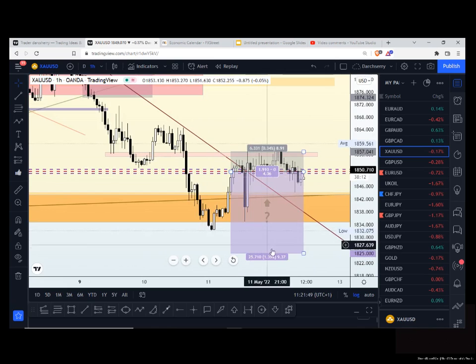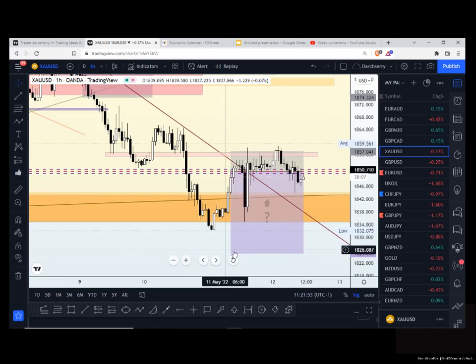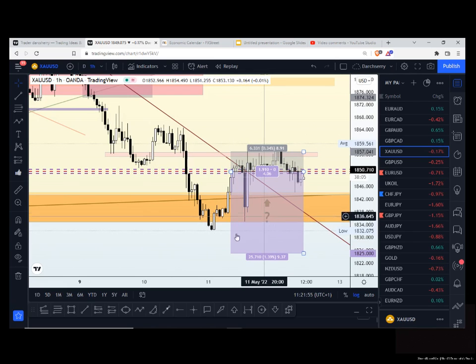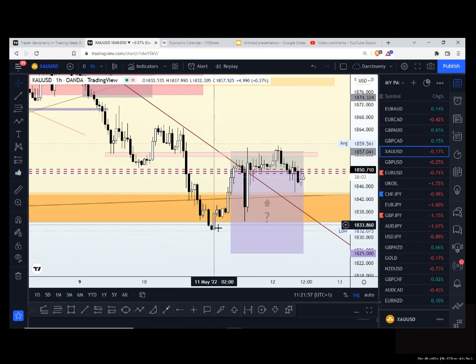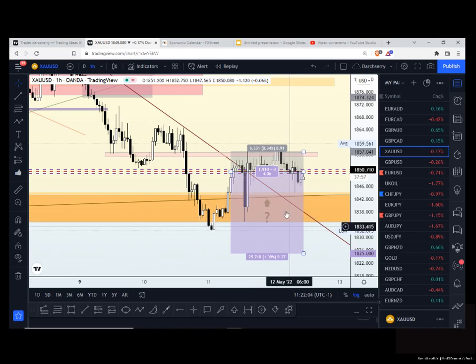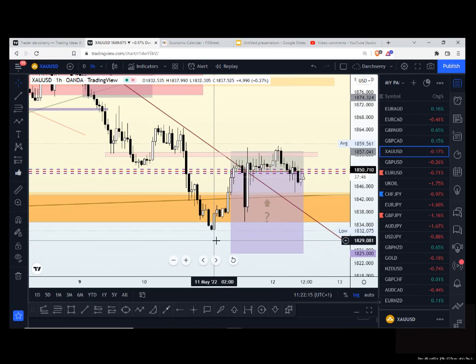And I have a take profit at 1825, and like I said, because of the long-term bullish expectation on this one, once price gets to 1835 and we experience multiple rejections of this area, we might want to close our trade at this point. So that's that on the gold.